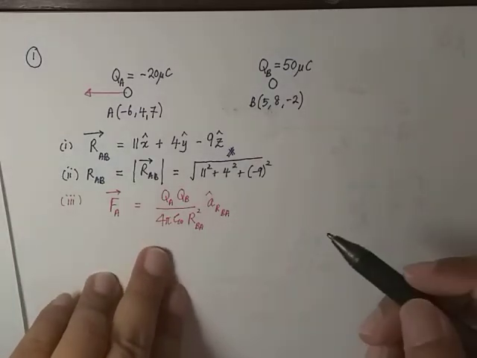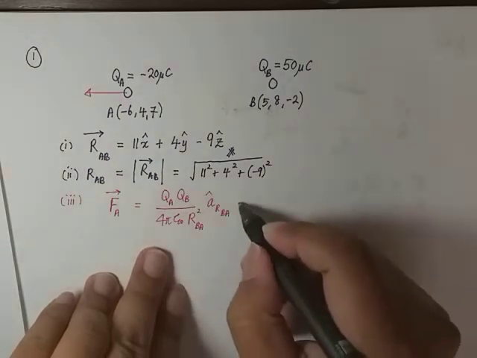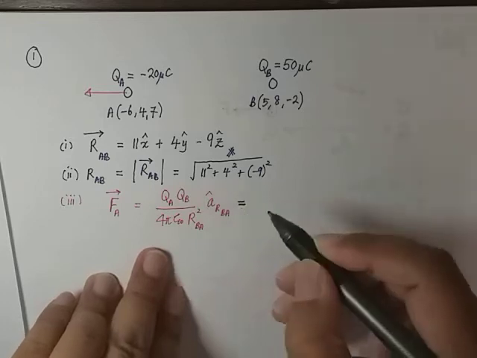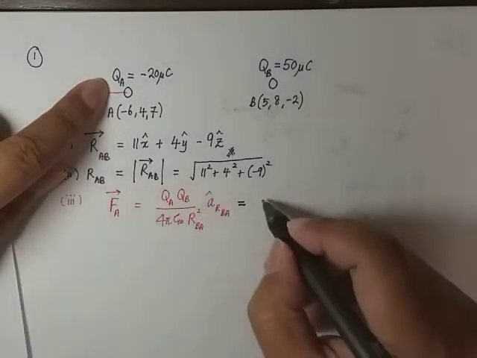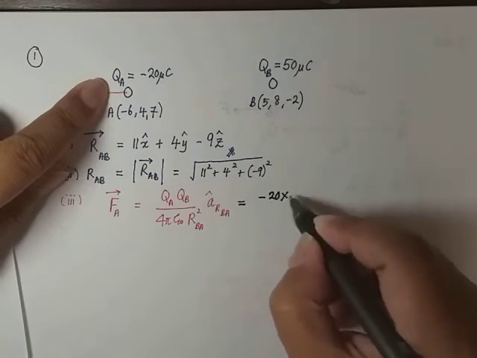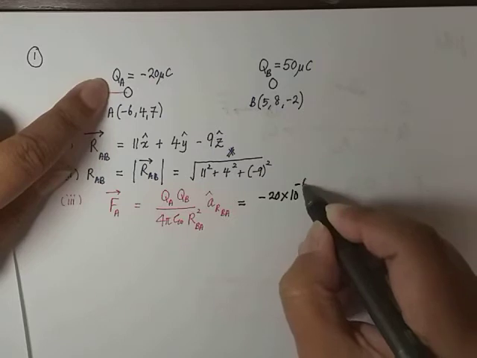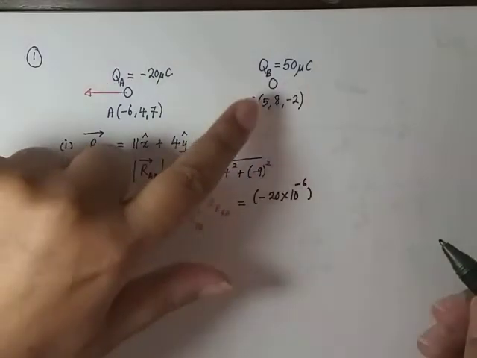Now we have to substitute the symbols in this equation with all the parameters we can gather from the above steps. First, what should be QA? Looking into this diagram, I see negative, so negative 20 times 10 to minus 6, in coulombs. That should be my QA. What should be QB?